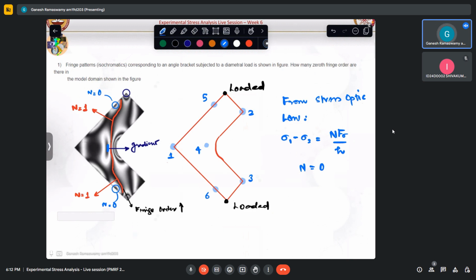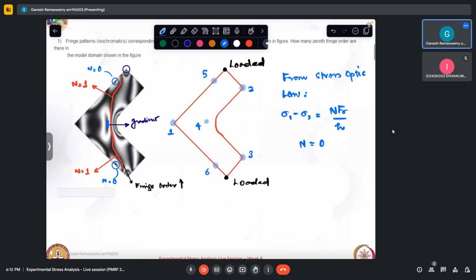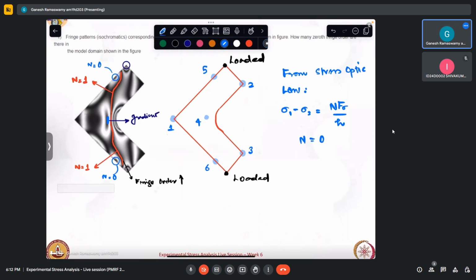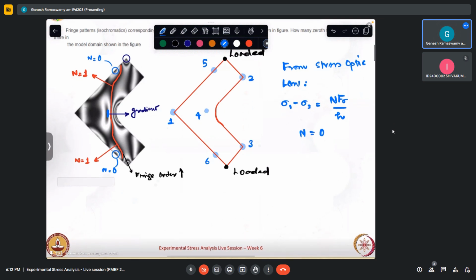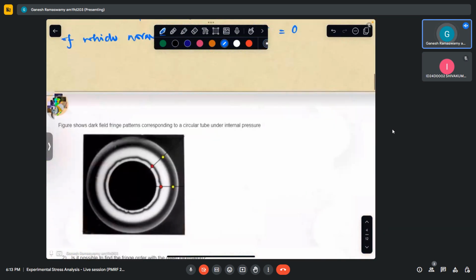So, it requires some additional techniques, but that is the subject matter of 3 fringe photoelasticity, which we will be discussing in the coming week, but I am just giving you a peek into what it entails. So, I hope that is clear. This is how we have done the fringe ordering.